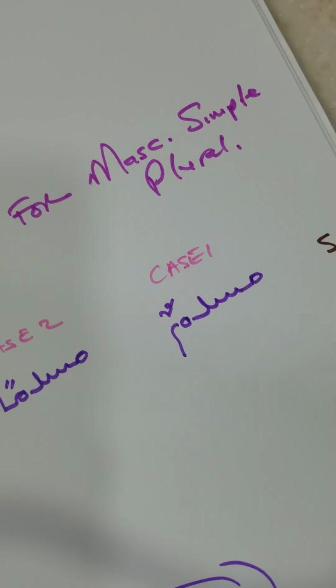I want you to pay attention to this. We said it can have three faces. So these are the three different ways in which you'll have to speak this word.